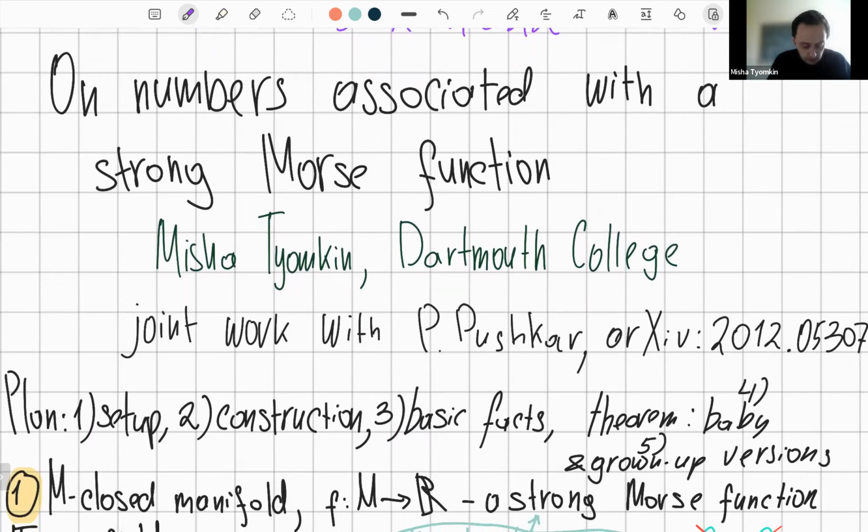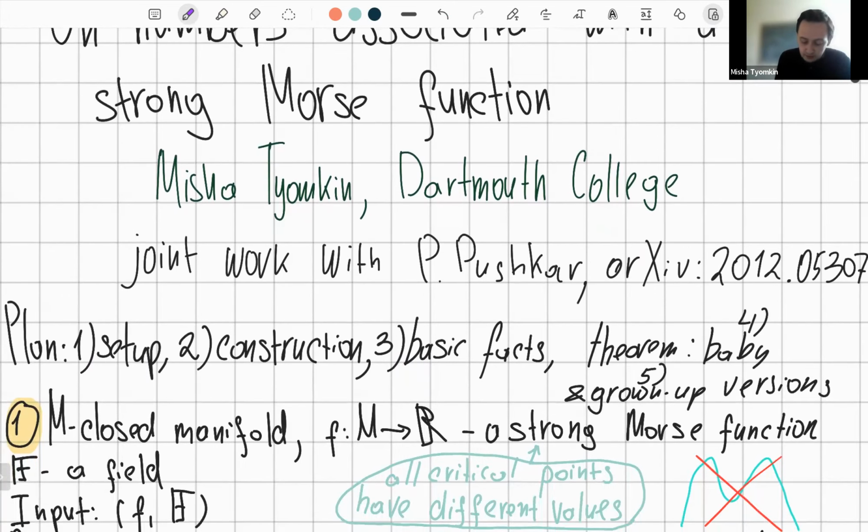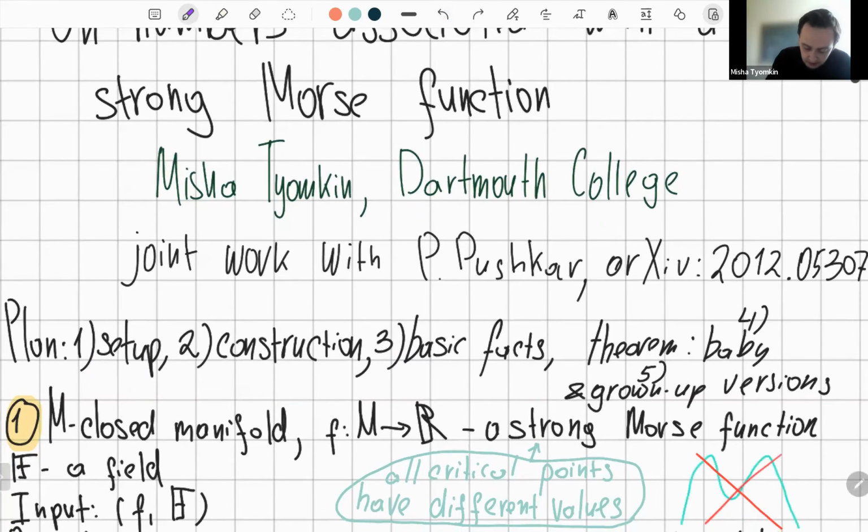All right. So the setup is the following. Let M be a closed, smooth manifold, and F be a strong Morse function. By strong, I mean that all the critical points have different critical values. So the situation on the right is prohibited.